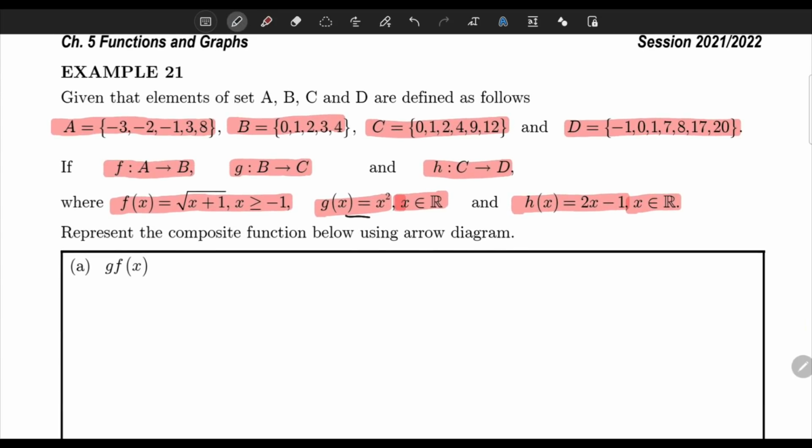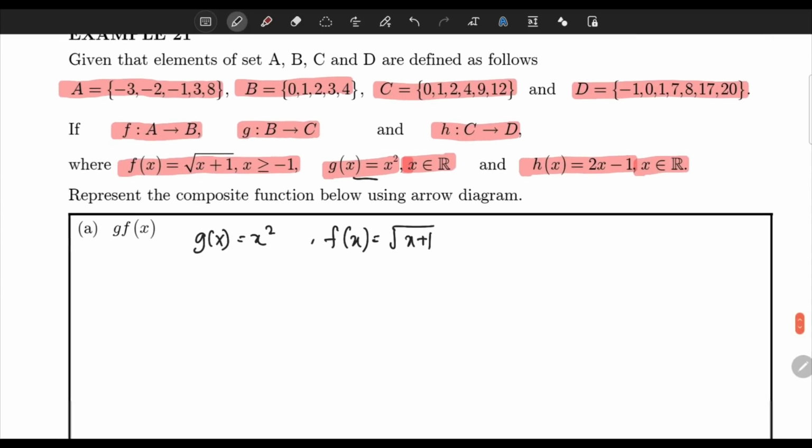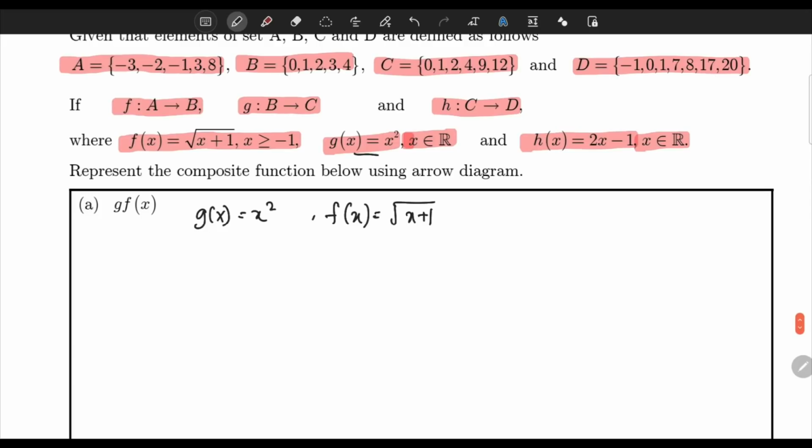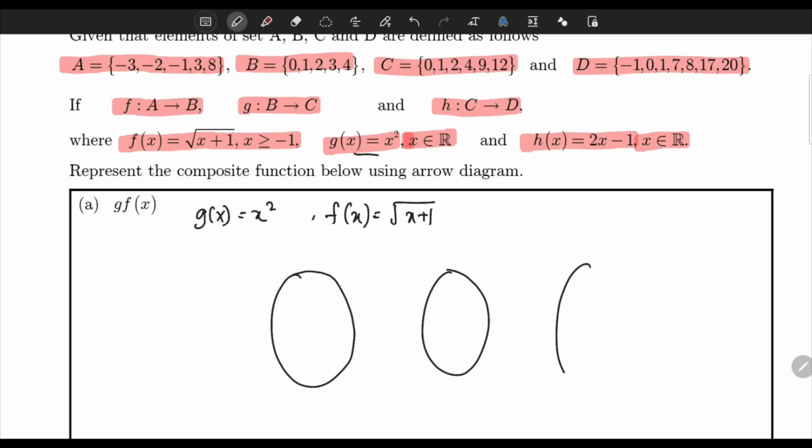So write down g(x) first. g(x) is x squared, and f(x) is square root of x plus 1. Let's draw the arrow diagram. This is your first set, second, third.